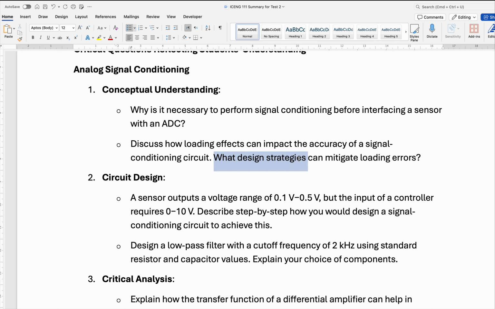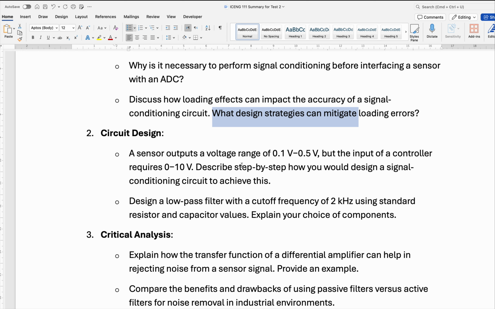Our design strategy to mitigate loading errors is to consider a very low load, or to make the resistance I'm measuring much higher in comparison to the load effect. These are all design strategies to mitigate loading errors.